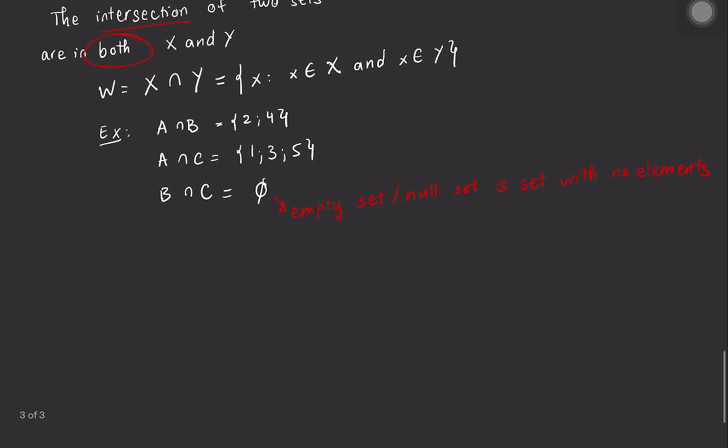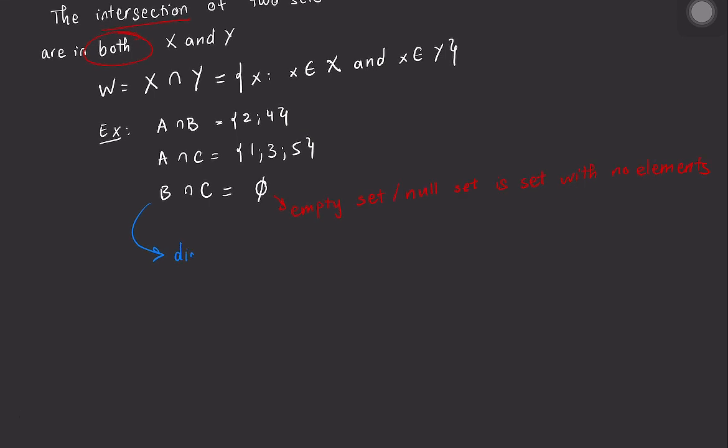If the intersection of two sets is an empty set, we say the two sets are disjoint. So here we say B and C are disjoint.